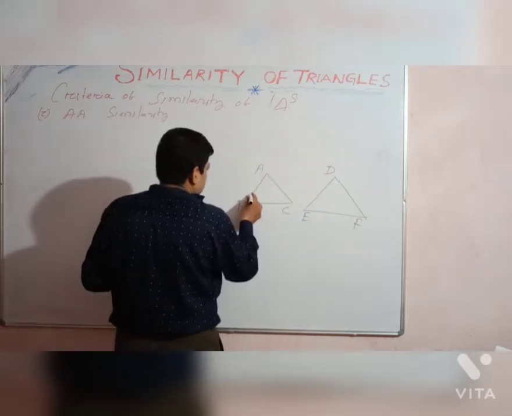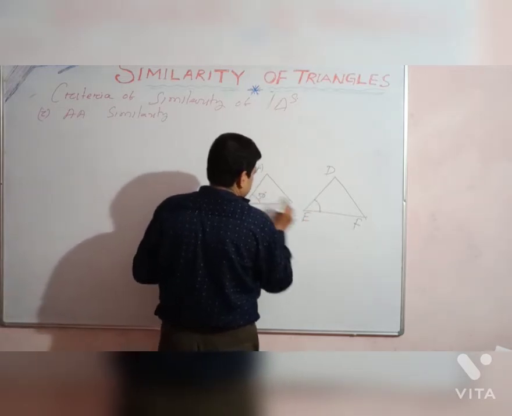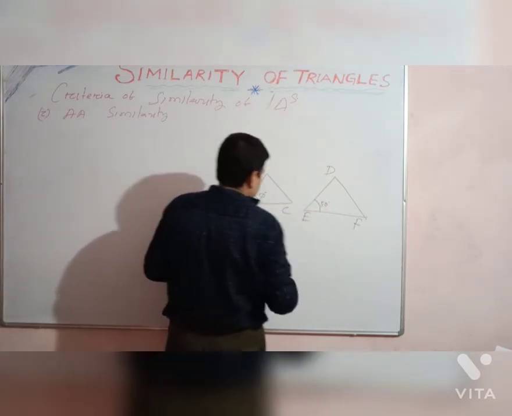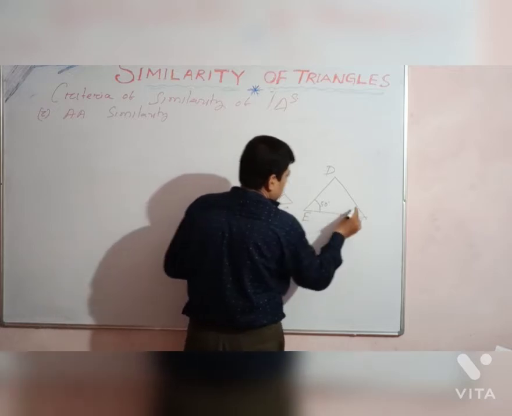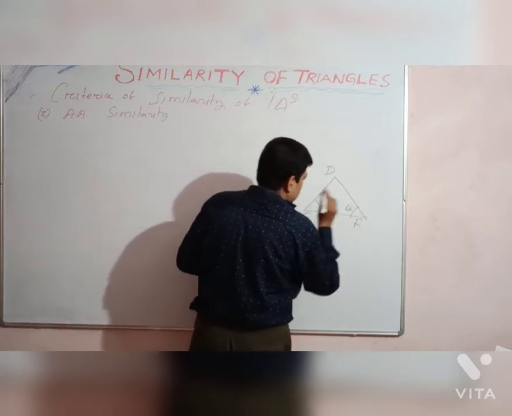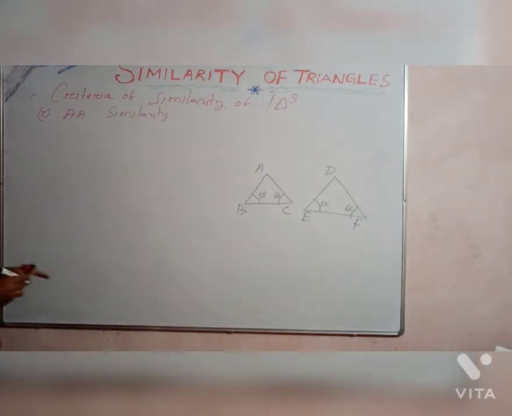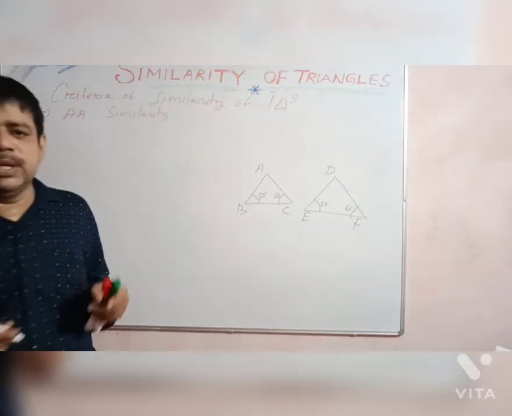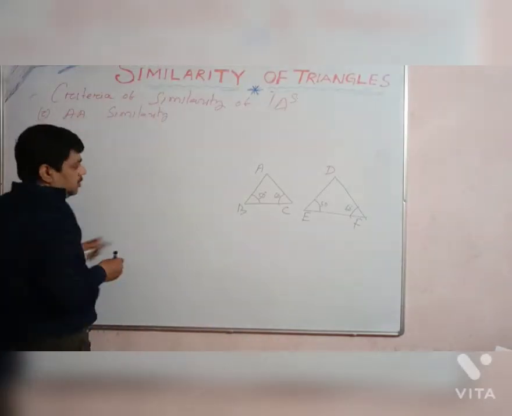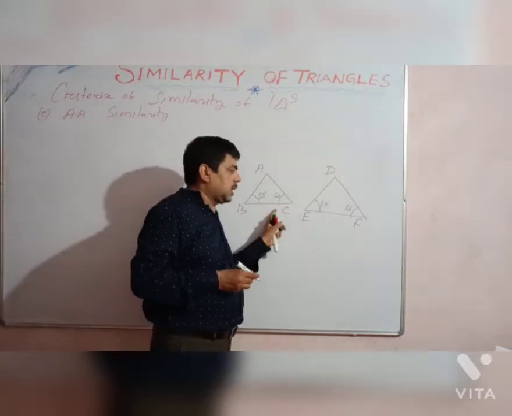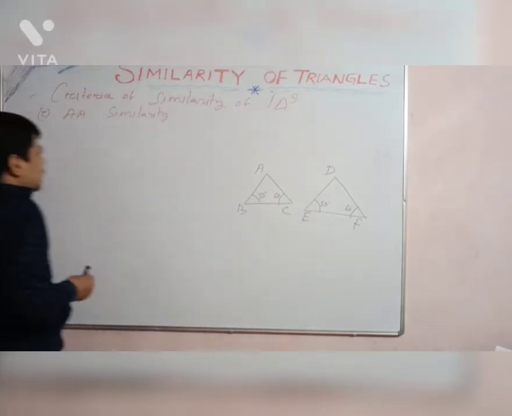If angle B is equal to angle E, suppose angle B is given as 50 degrees and E is also 50 degrees, and angle C is given as 60 degrees and this angle is also 60 degrees, automatically the triangles will be similar. This is the necessary and sufficient condition under which two triangles can be similar. If two angles of this triangle are equal to the corresponding angles of the other triangle, then the triangles are similar.